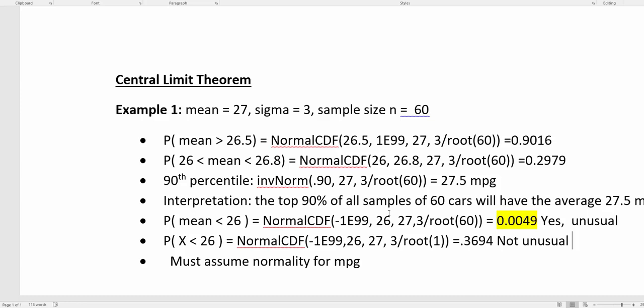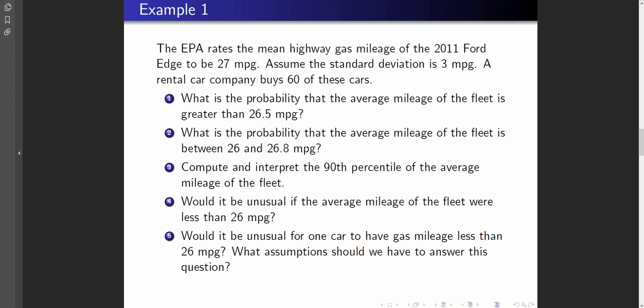Very different concepts. So when you solve these problems, use the correct standard error. This is the number one thing to remember when we're talking about central limit theorem computation. Let me highlight these. This is very, very important. Standard error is a lot smaller than standard deviation. Very different computations. So that's problem 1.